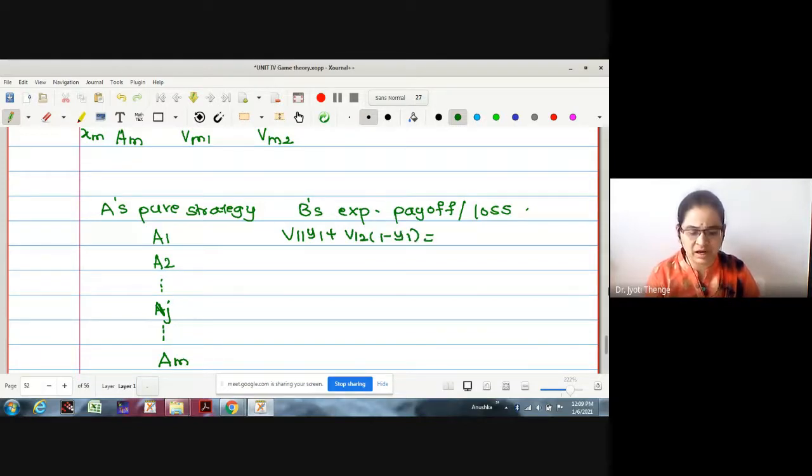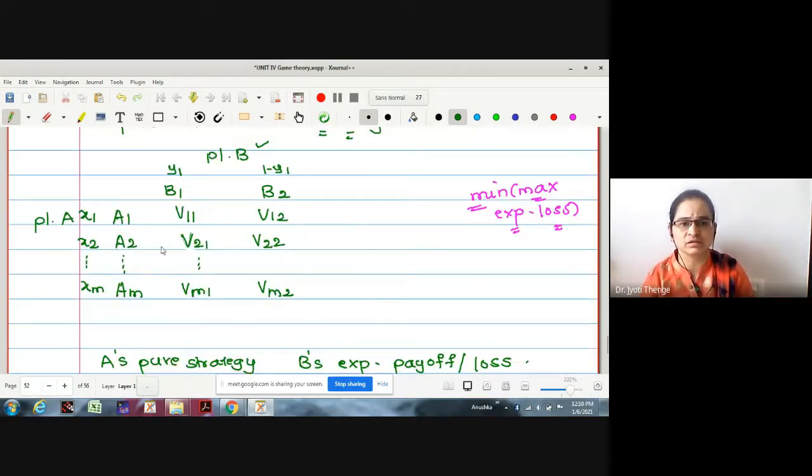Okay. And I may write this as a linear equation in Y1 by taking the coefficients of Y1 common. So this is V11 minus V12 into Y1 plus V12. Now what is the expected loss if A plays A2? Now the second row to consider.